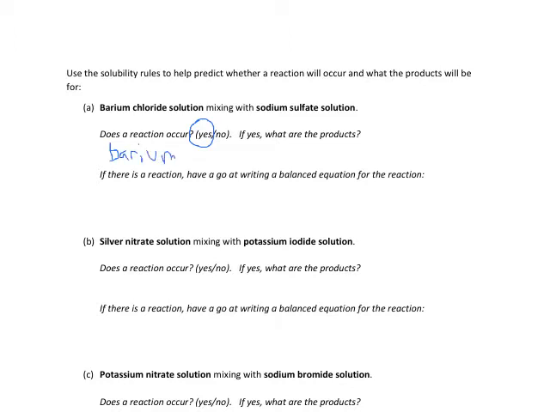So now the barium goes with the sulfate to become barium sulfate, and that's a precipitate. And the remaining chemical therefore has to be the thing I haven't mentioned, which is the sodium chloride. And sodium chloride isn't a precipitate.